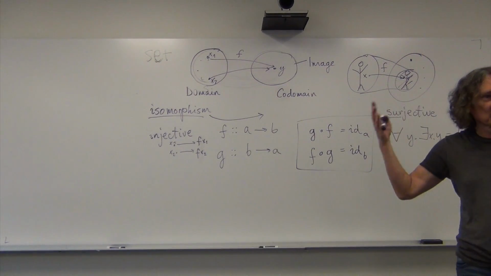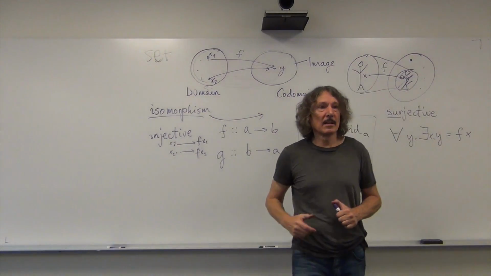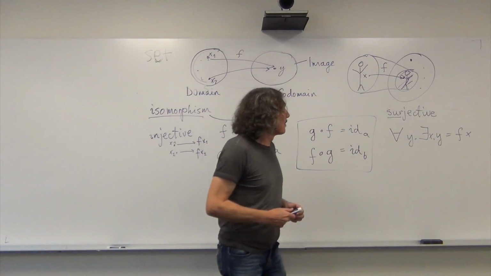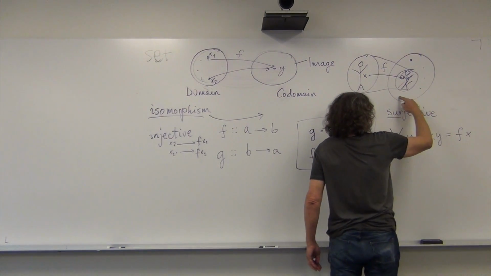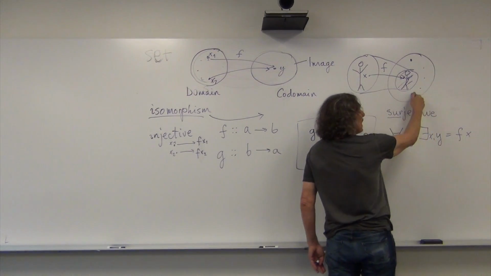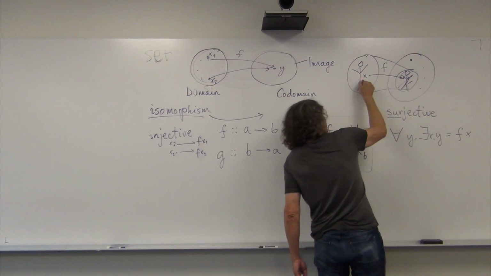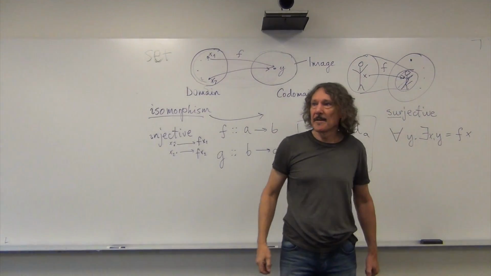Okay, that's in terms of elements of the sets. So there is no thing outside. Every element that I pick in this set has a counter image. Okay?